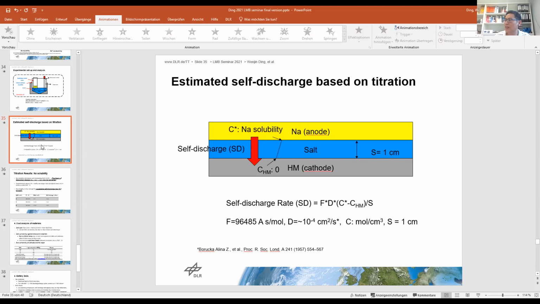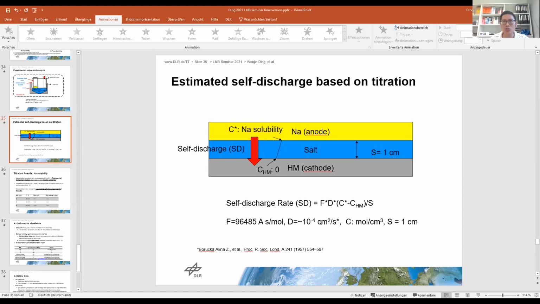But here, to calculate the self-discharge rate for different salt mixtures, the diffusion coefficient is not the same. But usually for the molten chloride salts, like sodium, potassium or magnesium, their values are similar. I also remember there is a diagram to estimate the diffusion coefficients when the cation is different.